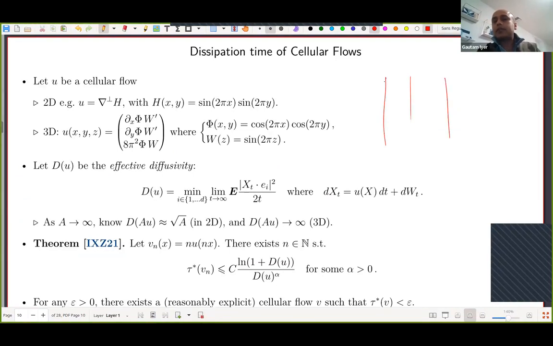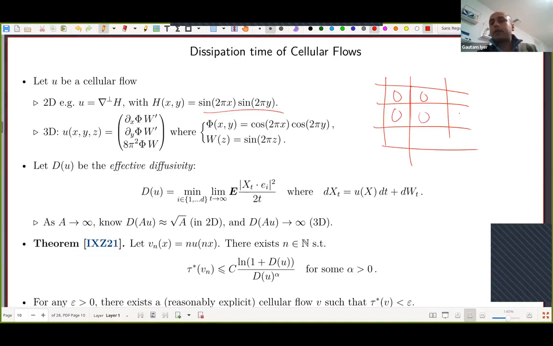If I draw you streamlines of the Hamiltonian over here, a cellular flow is something like the Hamiltonian sine x sine y. All I'm doing is telling you, let's rescale the cellular flow so that the size of the cell is small and the amplitude is large. Then it works. Why does it work?